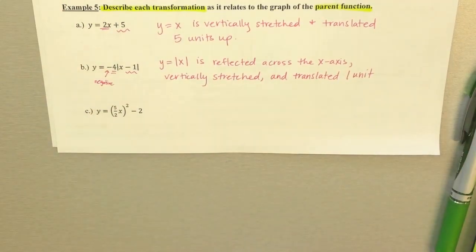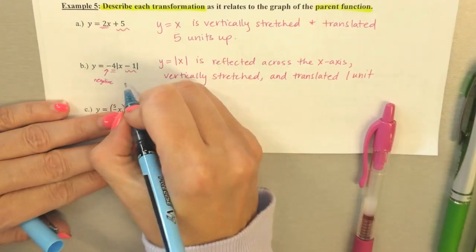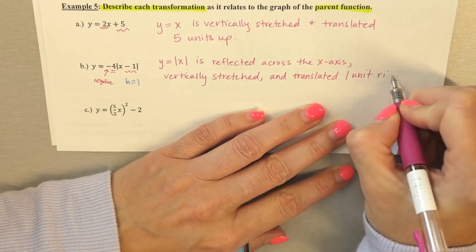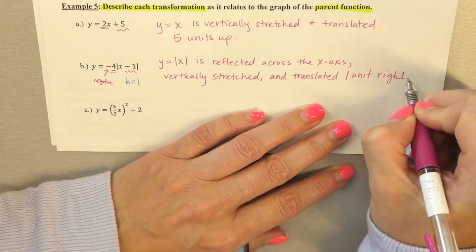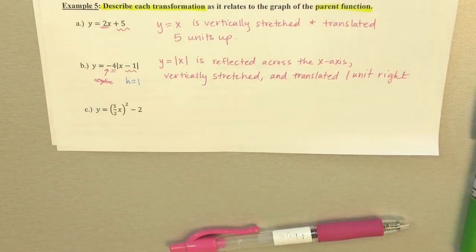Yeah, what is it? Which one is it? So if it's inside, it's right or left. And if you see the minus, remember your H value is a positive. Okay, so it's 1 unit to the right. Okay, and again, it's because your H value is positive.